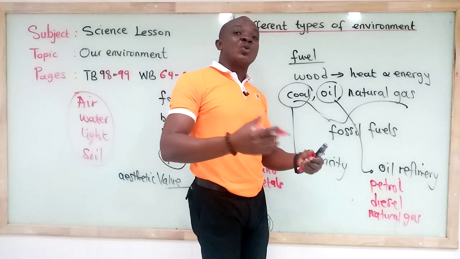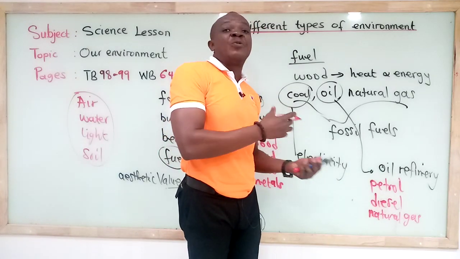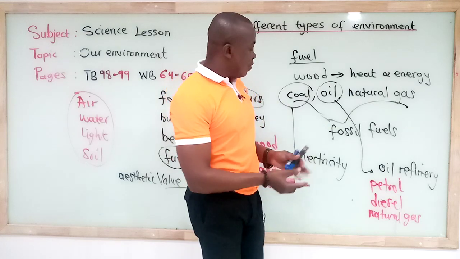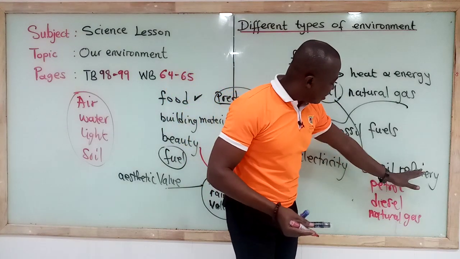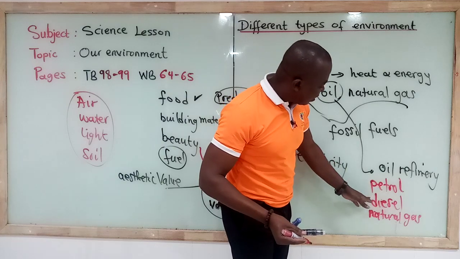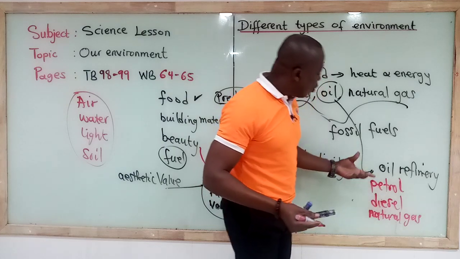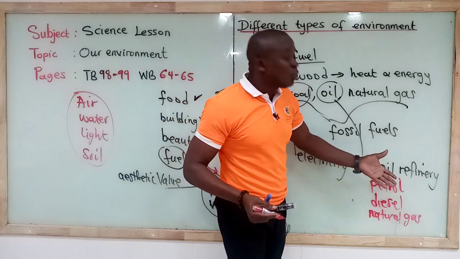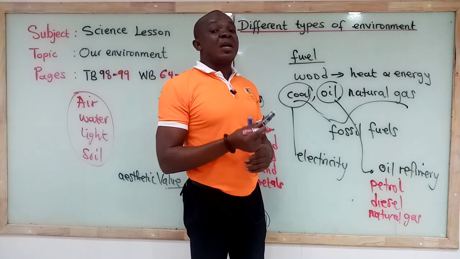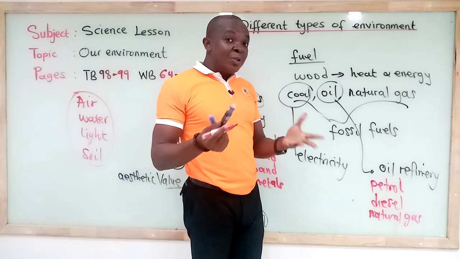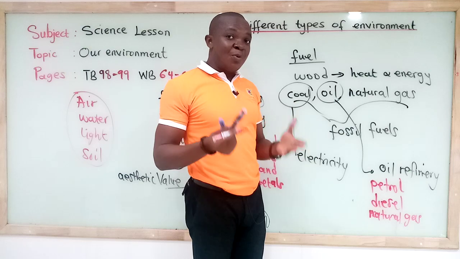This gas too, we also use as fuel for vehicles. When the oil goes through this process, we get petrol, diesel, and also fuel that we use for our aeroplanes. You know our aeroplanes use fuel.